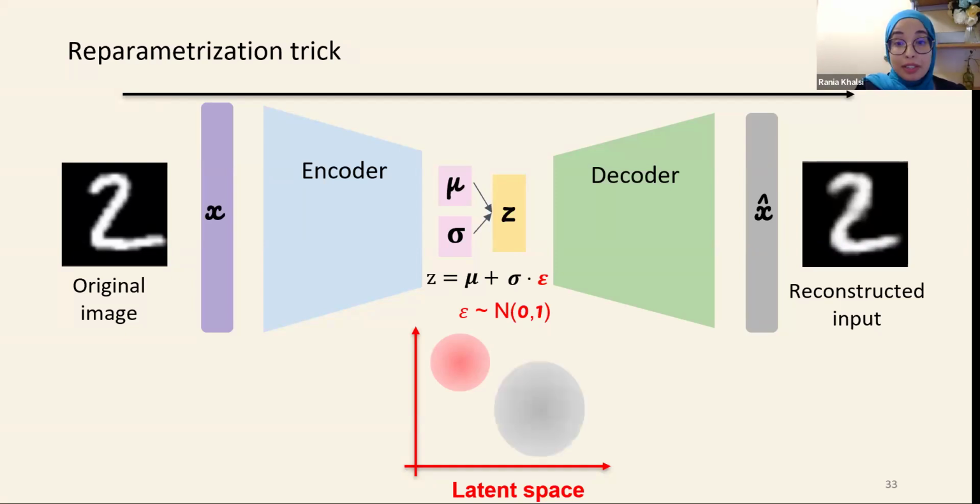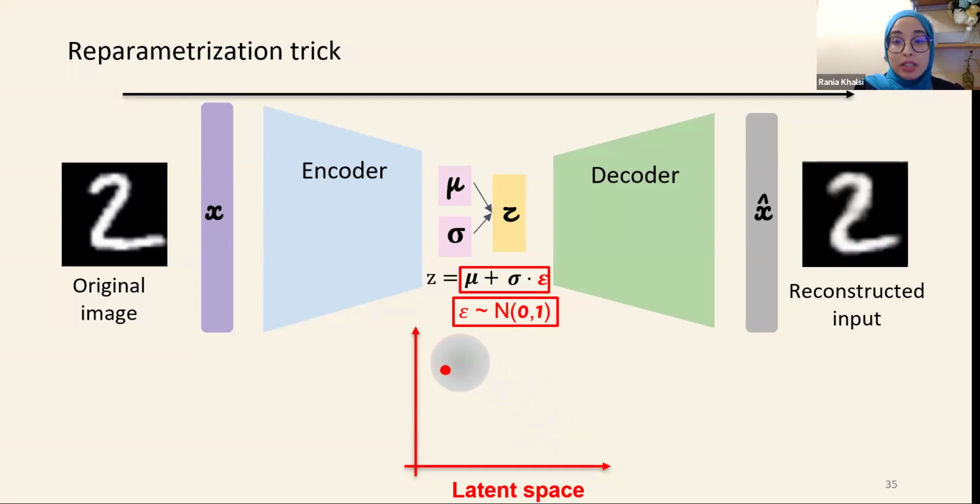First, we sample a random point from a standard normal distribution, like you can see here. This is our variable epsilon. Then we scale epsilon by the variance of our approximated posterior distribution. After that, we shift it by its mean.